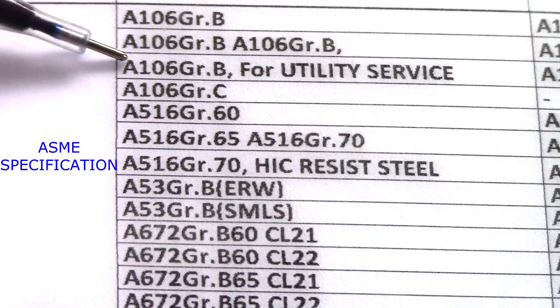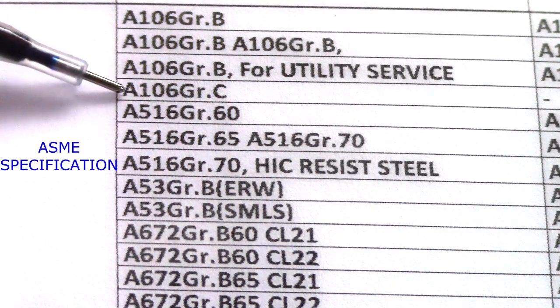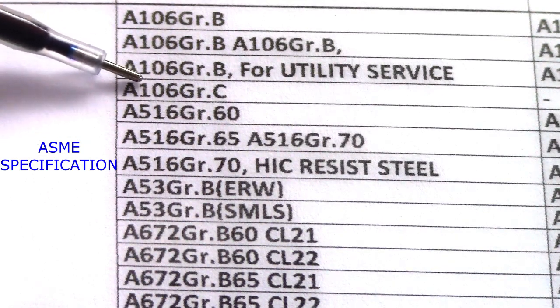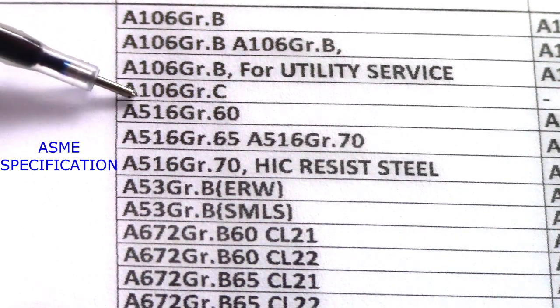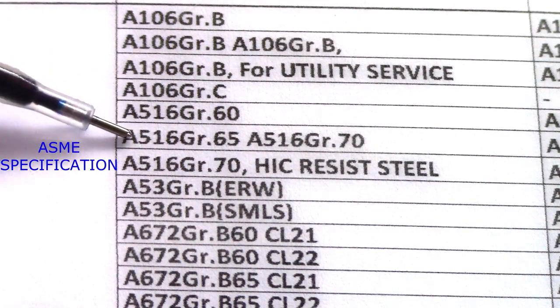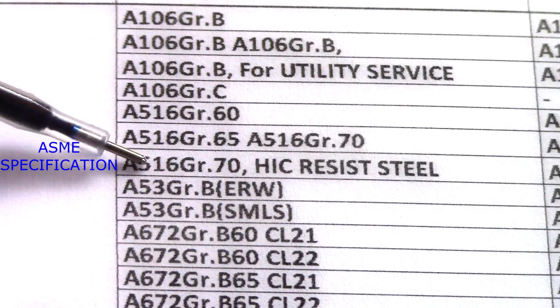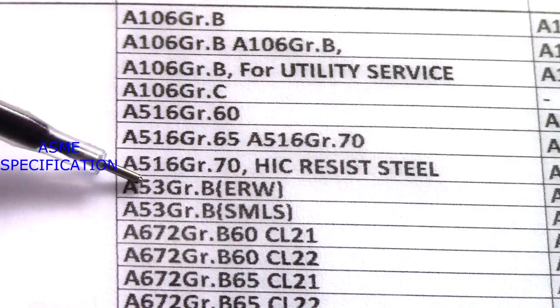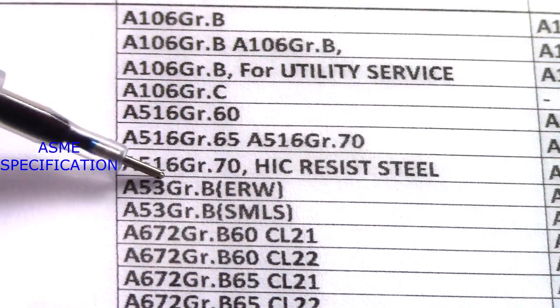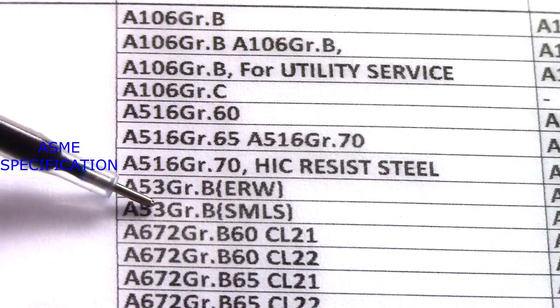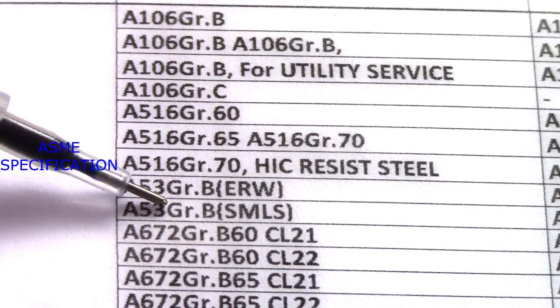So all this one is A106. We have a grade C also, A516, grade 60. Okay, grade 65, grade 70, and grade B ARW, A53 grade B seamless.